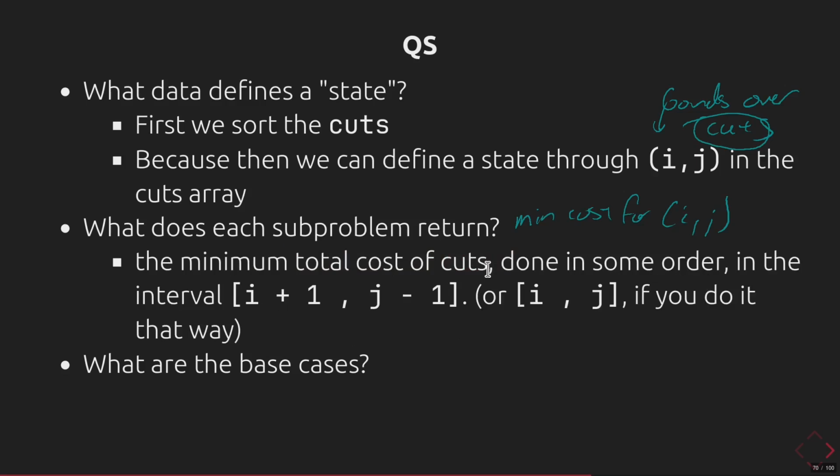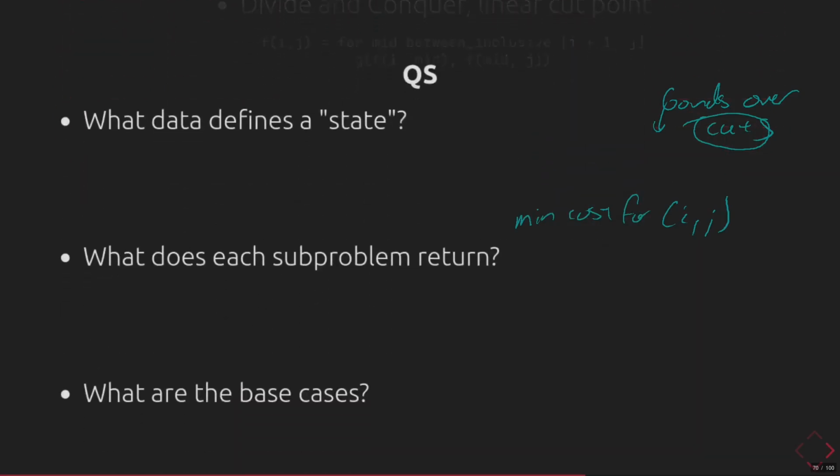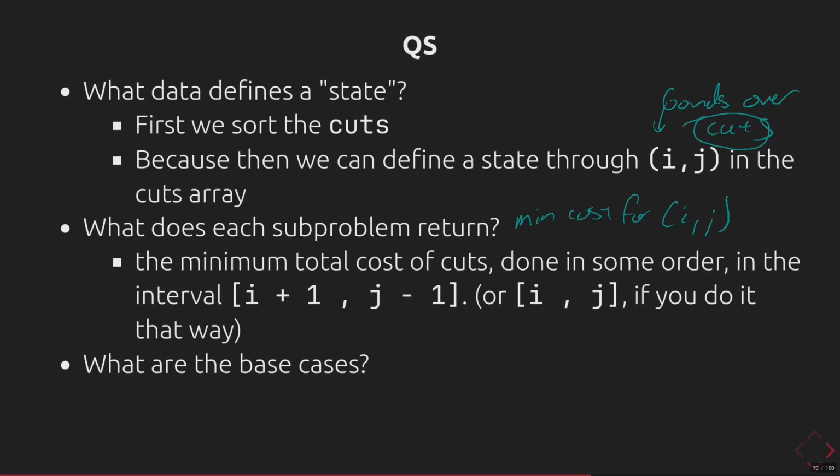You do the cuts in some kind of order, but the interval itself is ordered from i plus 1 to j minus 1, or i to j if you do it that way. It depends on what specifically the recurrence relation is. I find that the recurrence relation used by the editorial is much cleaner than what I'm going to show you.